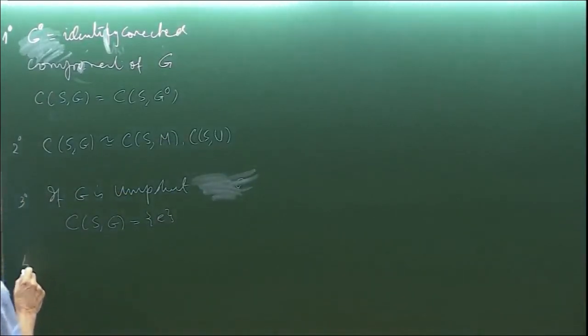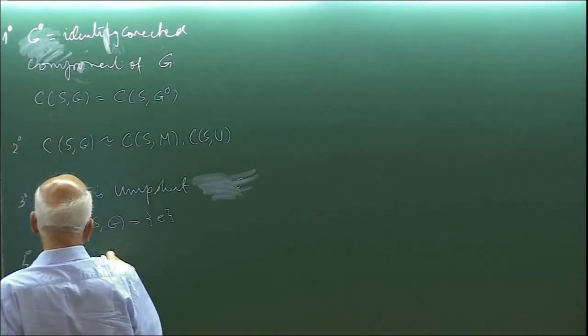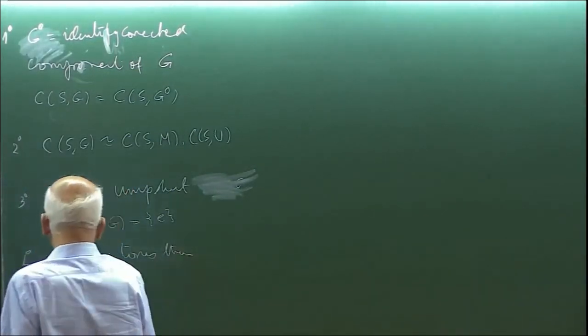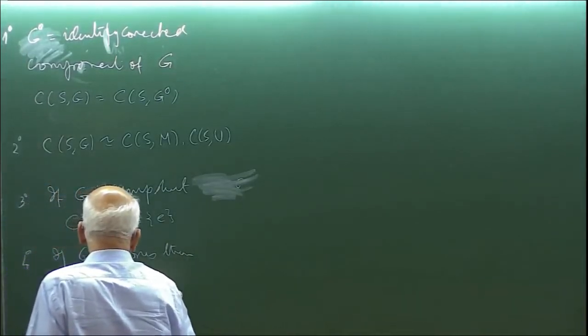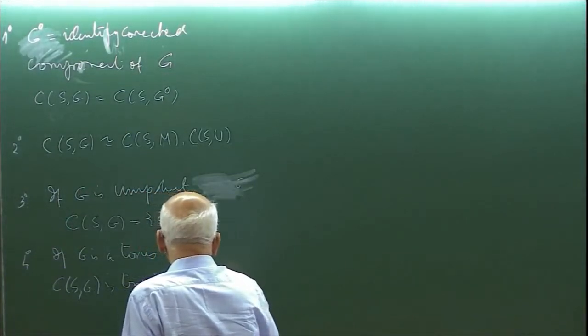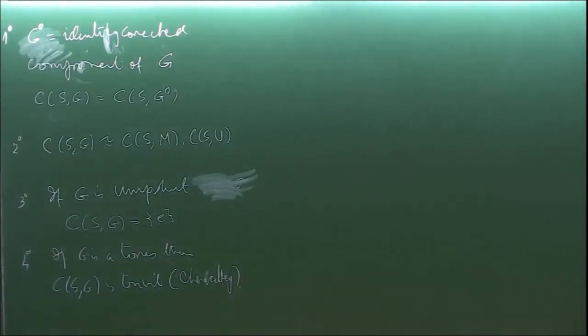And somewhat less trivial is the fact that if G is a torus, then CSG is trivial. This is a theorem due to Chevalley. Here, for the first time, some non-trivial number theory enters the picture. He uses some class field theory to prove this fact.